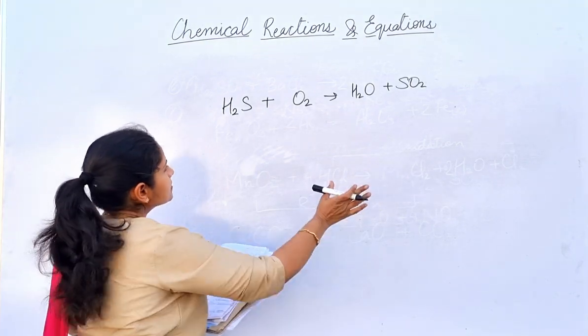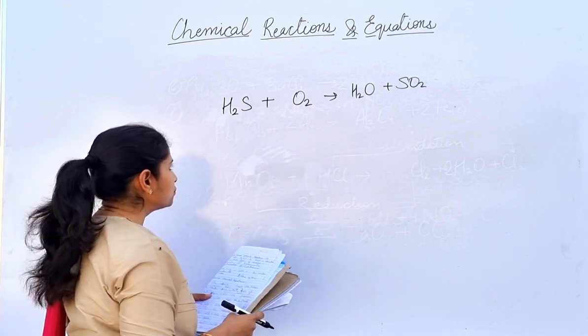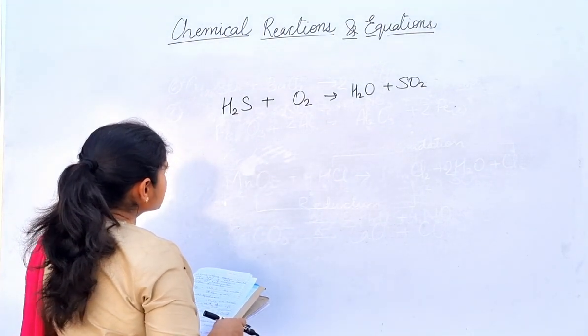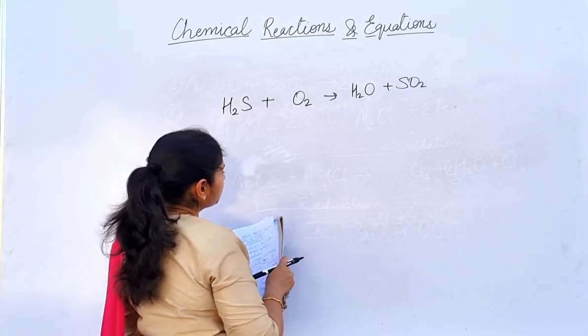Here, this side we have 3 oxygen atoms and here we have just 2. So, we can make both the sides 6. 3 2s are 6 and here it will also be 6.